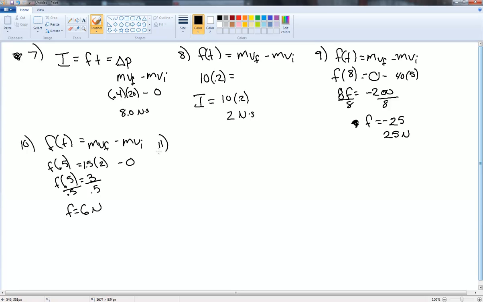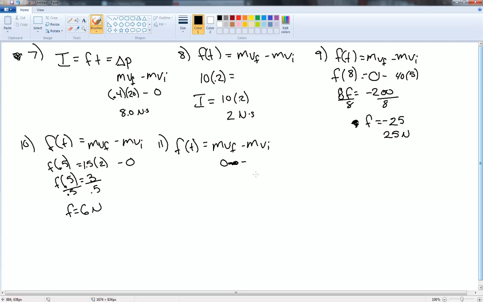Question 11. A 1,200 kilogram car traveling at 10 meters per second hits a tree and is brought to rest in 0.1 seconds. What's the magnitude of the average force acting on the car to bring it to rest? So same setup. We're looking for the force. We're bringing something that has a velocity to rest. Since we're bringing it to rest, its final velocity is going to be 0.